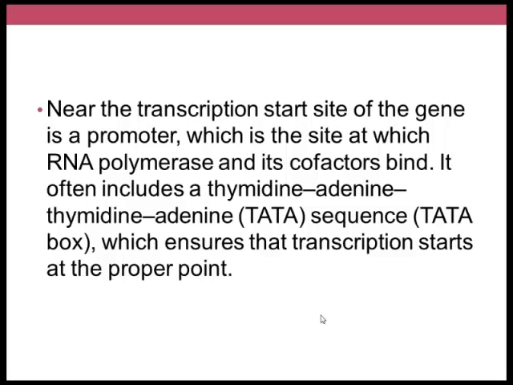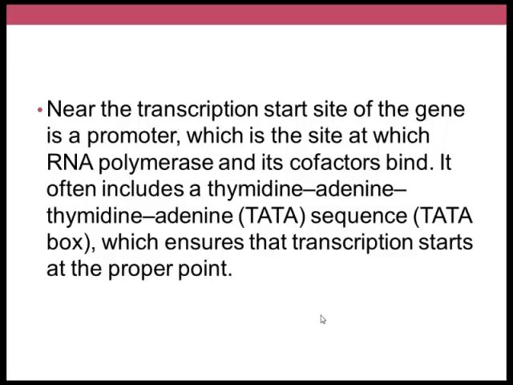These promoters include a thymine, adenine, thymine, adenine sequence, called the TATA sequence or TATA box. So at the promoter where RNA polymerase binds, there is a certain fixed sequence called the TATA sequence. It contains thymine, adenine, thymine, adenine. It's called the TATA sequence or TATA box.